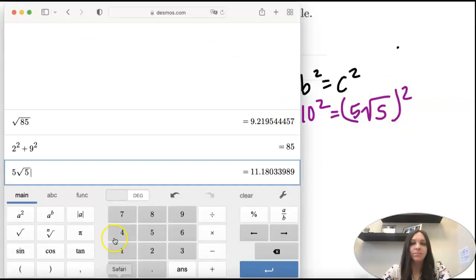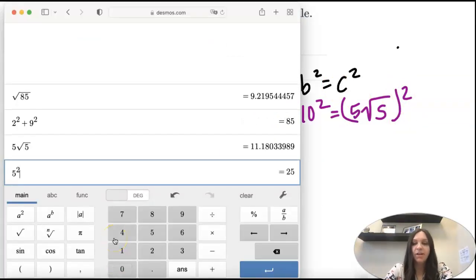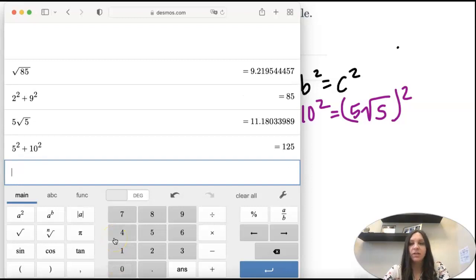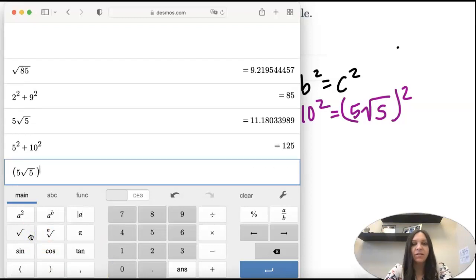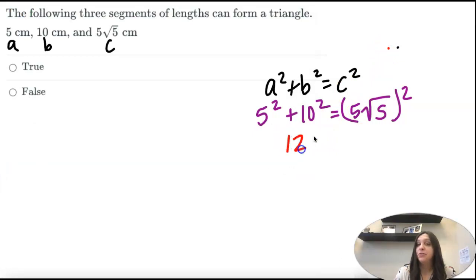So I'm going to type it in. 5 squared plus 10 squared is 125, and then 5 square roots of 5 squared is 125 as well. So we keep getting true answers. Sorry, I was hoping to get a false. Because these are the same on the right and left, it's true.